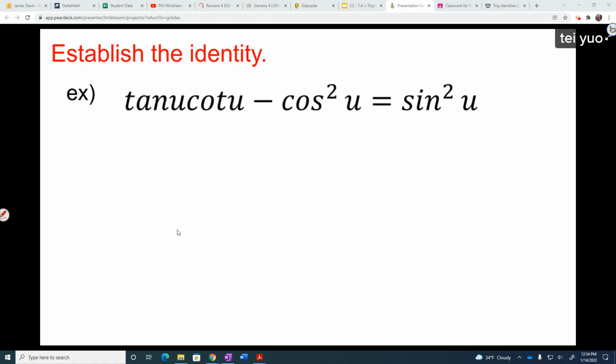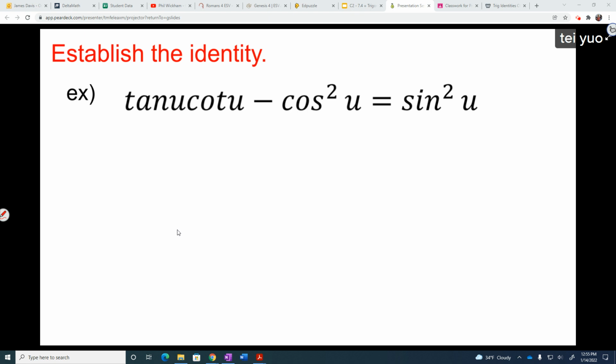So what do you think this first part should be at some point? 1, yeah, it should eventually be 1 probably, right?